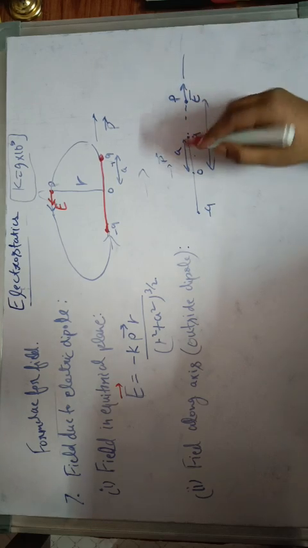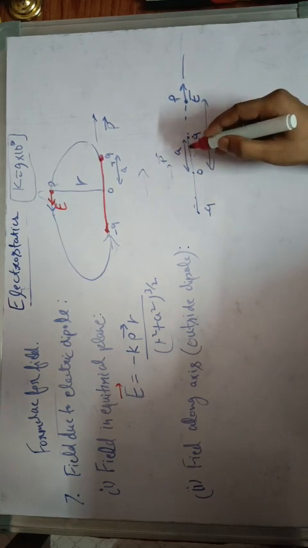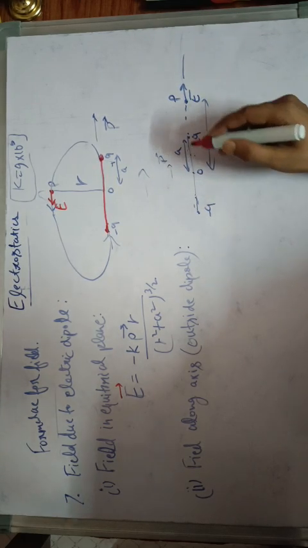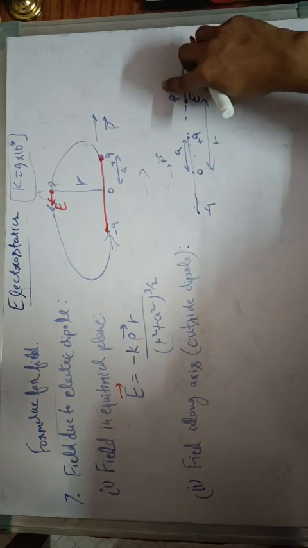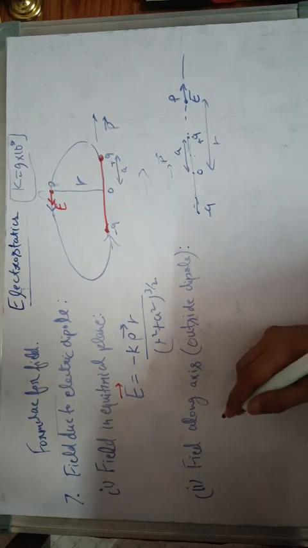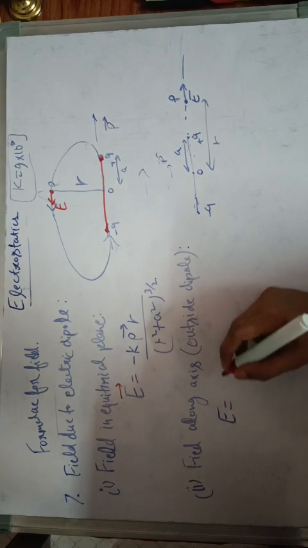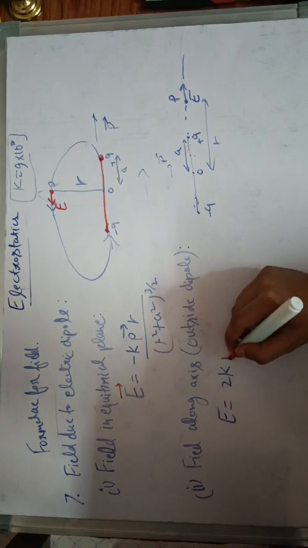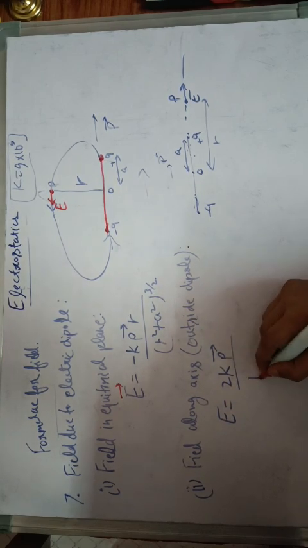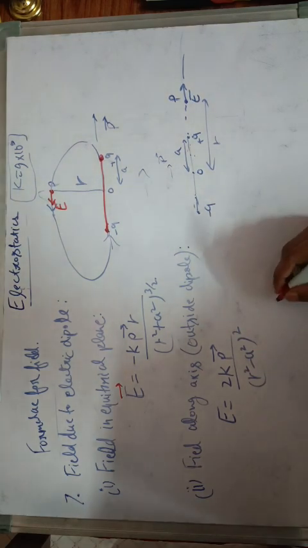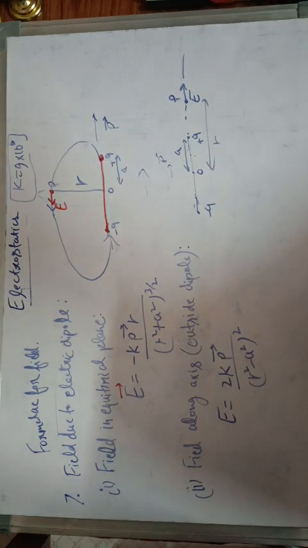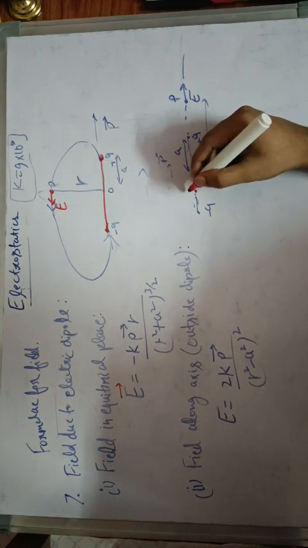We are not taking any point inside this dipole. We are taking the point P outside and along the axis. So in this case, the electric field would be 2k p r over r square minus a square whole square. But there is also a third case. There is a third case when the point P is taken inside.